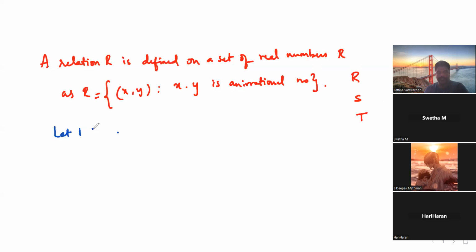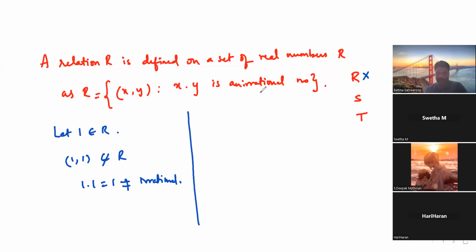Let 1 belong to R. So (1, 1) would belong to R because 1 into 1 is equal to 1. That is not irrational. Right? Therefore, it is not reflexive. Next, let (x, y) belong to R. Suppose x dot y, let us say it belongs to irrational values.